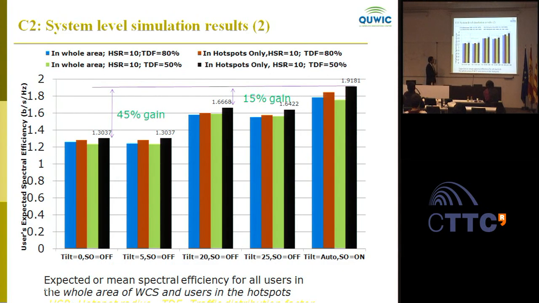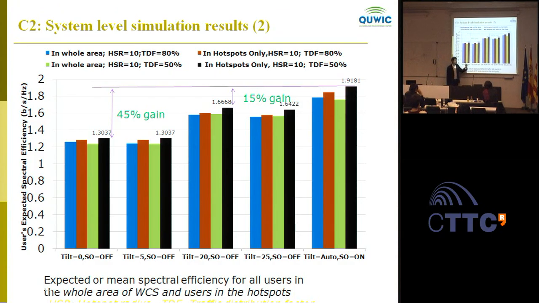And if you want to look at the numerical values, this is how it would look. Compared to no tilting, you will have almost 45% gain, and compared to, say, traditionally optimal tilting for that particular network layout, which your ordinary planning tool will give you, you will still have 15% gain.